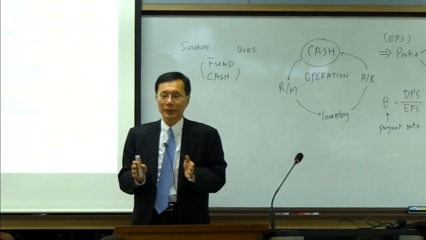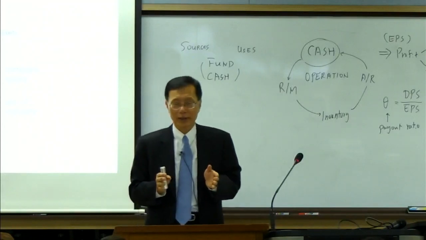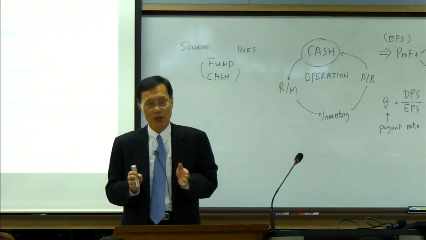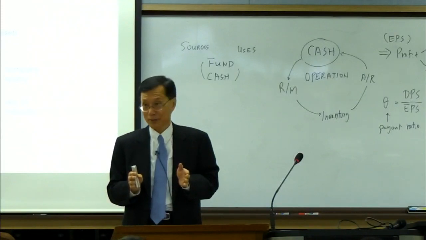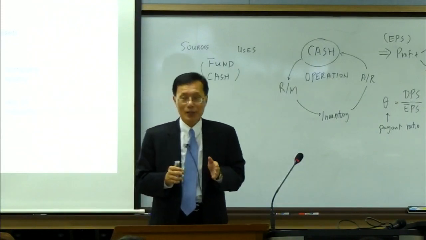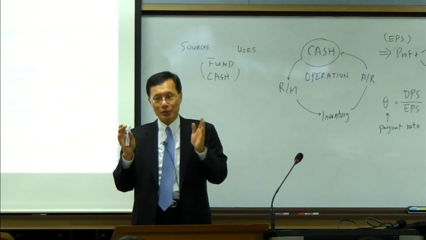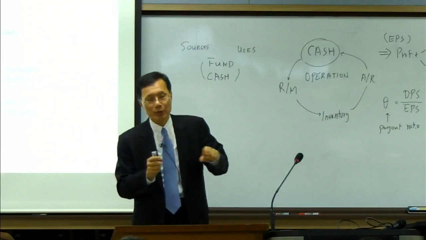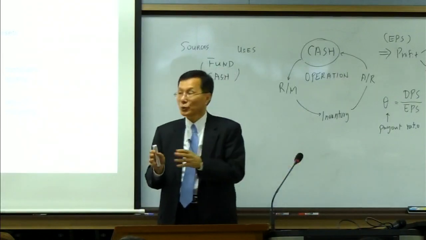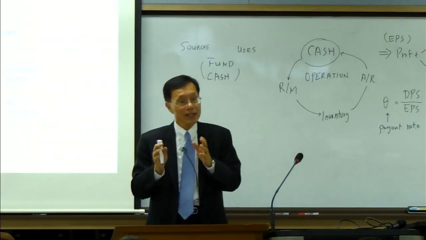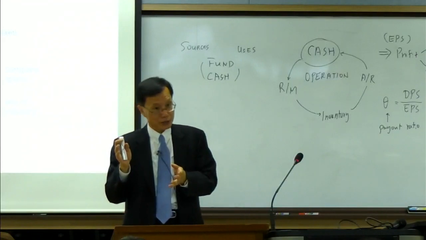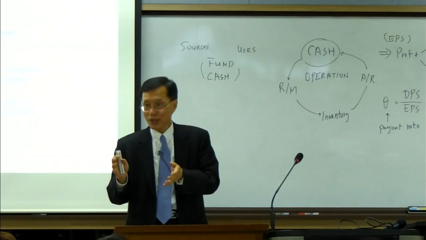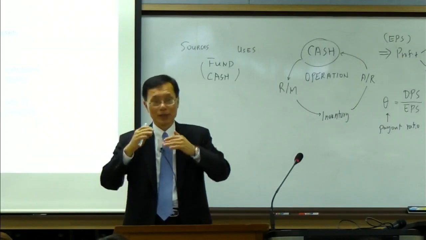I am currently working on a research project that looks at inventory behavior of Korean manufacturing companies. There is a really substantial decrease in the proportion of inventory as percent of total assets in the late 90s and early 2000s, from 98, 99 to 2000, 2001, 2002.